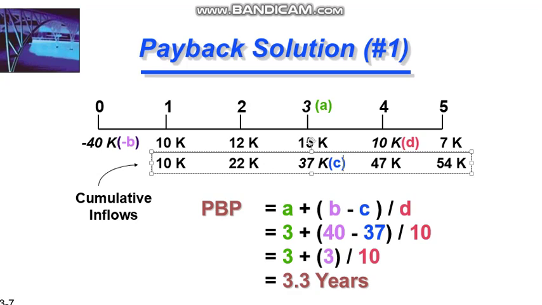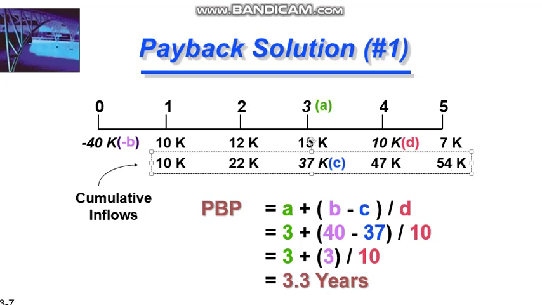Now if we include the 15k in 22k, that is 37k. In 37k we include 10k, so that is 47k. And if we include the 7k in 47k, that is 54k.